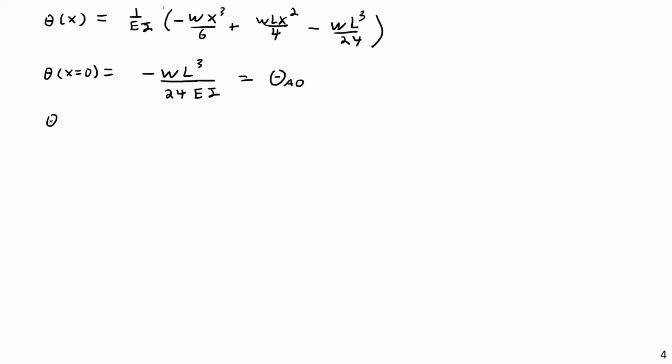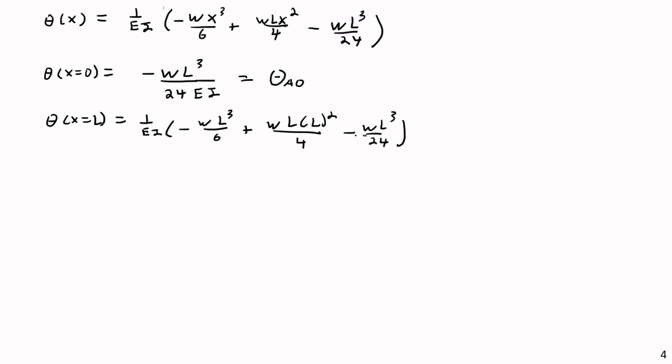Then theta at x equals L. If I go ahead and plug in L for this equation and simplify, let's just show what this would look like. That would be 1 over EI times negative wL to the third over 6 plus wL times L squared over 4 minus wL to the third over 24.